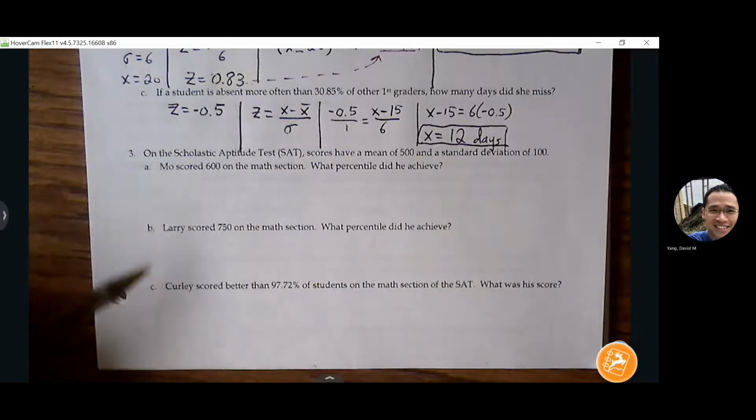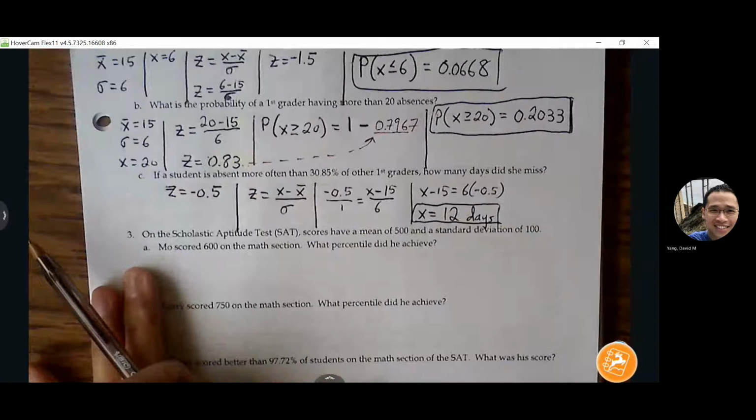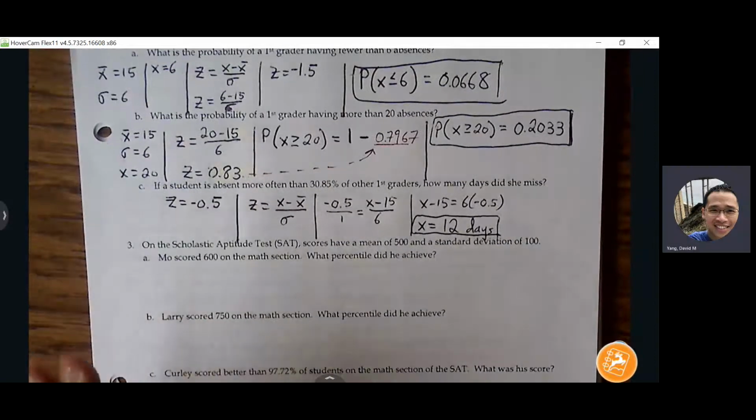Okay. Same process for number 3. See if you can work through number 3 and we can compare our answers.